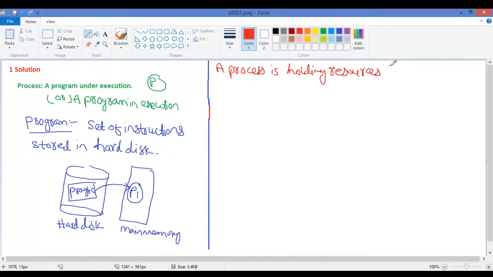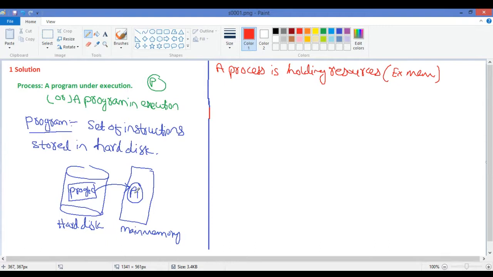What are the resources? For example, it is holding memory. But a program, when it is in the hard disk, is not holding memory. It is in storage. But when it becomes a process, it is holding some resources. For example, it is taking this part of the memory. If it is holding any resources, then it is a process, and it holds resources only when it is loaded into the main memory.